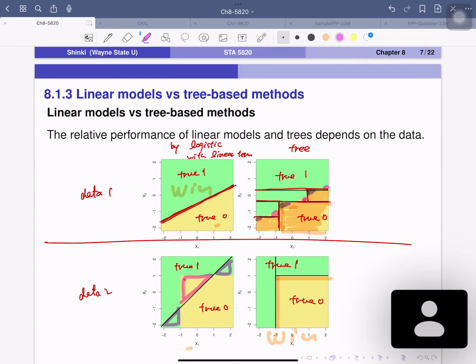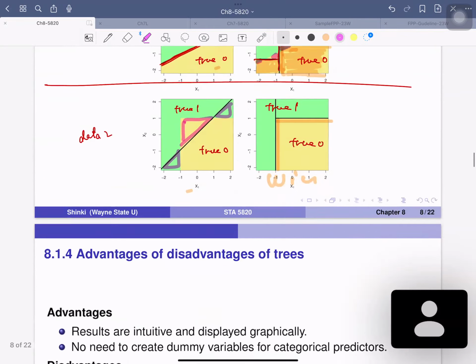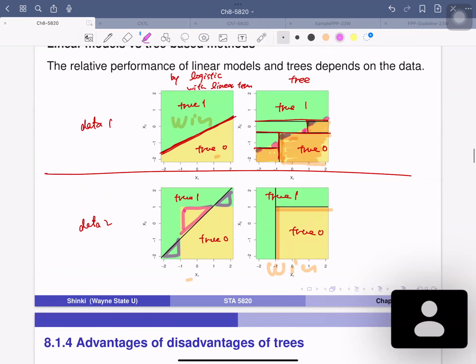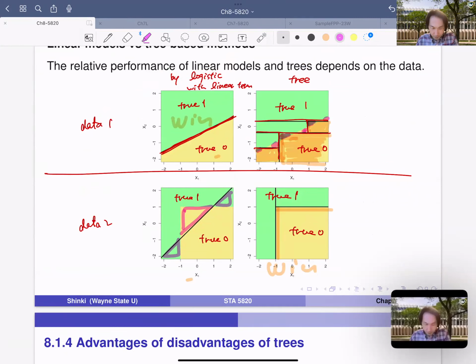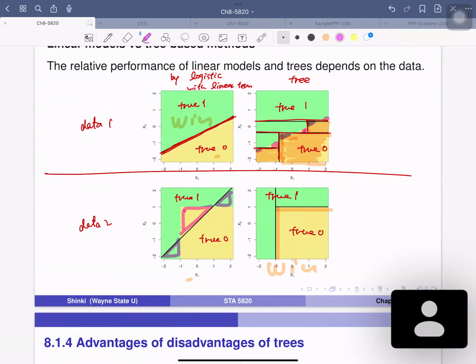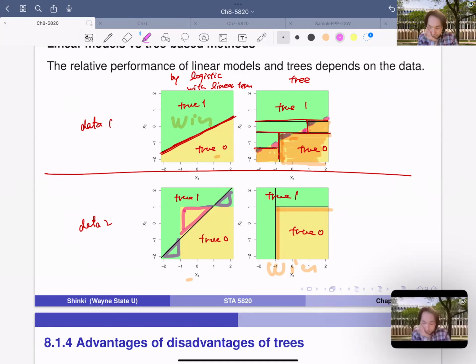I'm just trying to think about it, because the best case in data 1 and the best case in data 2 depend on the modeling. But if we get data, once we see some of the samples, we might know which one is better or worse. The tree structure allows for square corners, and logistic or linear would give you straight lines.